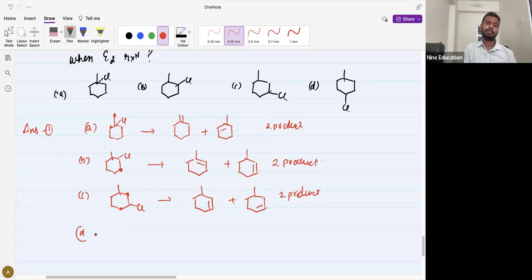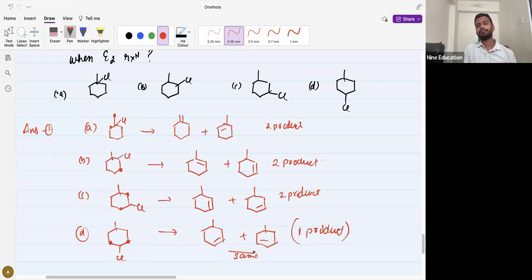Last one, check, if I have chlorine here, so if I take from here or here, same product will be made. See this or this, these two are the same beta. If you rotate them 180 degree, so only one product.